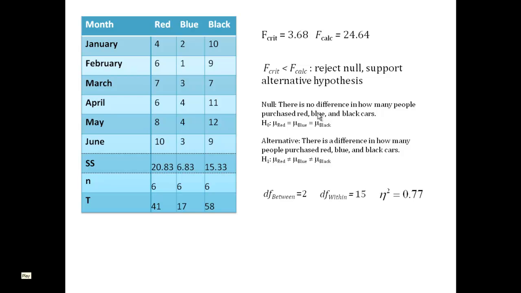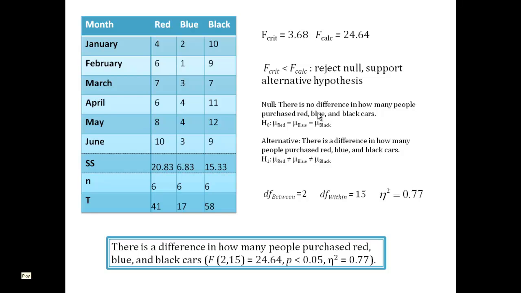So here's all the numbers that we're going to need on the screen to write an APA-style report of our analysis. And this is what a sentence would look like. And you can see you're essentially stating that there is a difference in how many people purchase red, blue, and black cars, and you're reporting an APA-style report for an ANOVA. So you give the F value, then you give your degrees of freedom between and your degrees of freedom within.